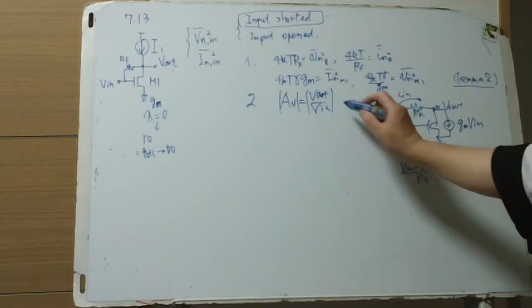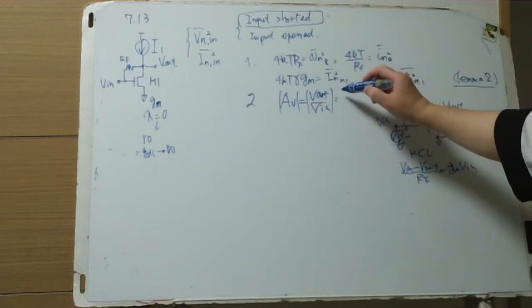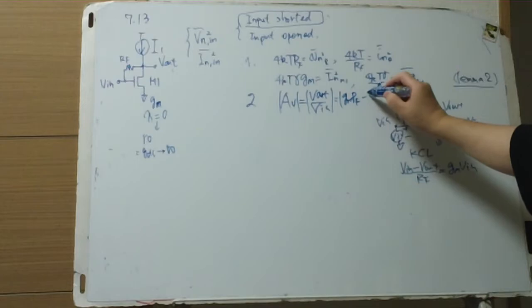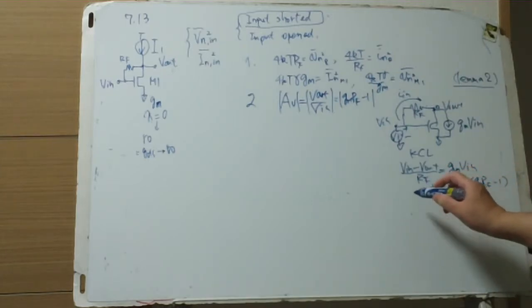From this we can derive that A v equals minus gm RF minus 1 over 1 plus gm RF.